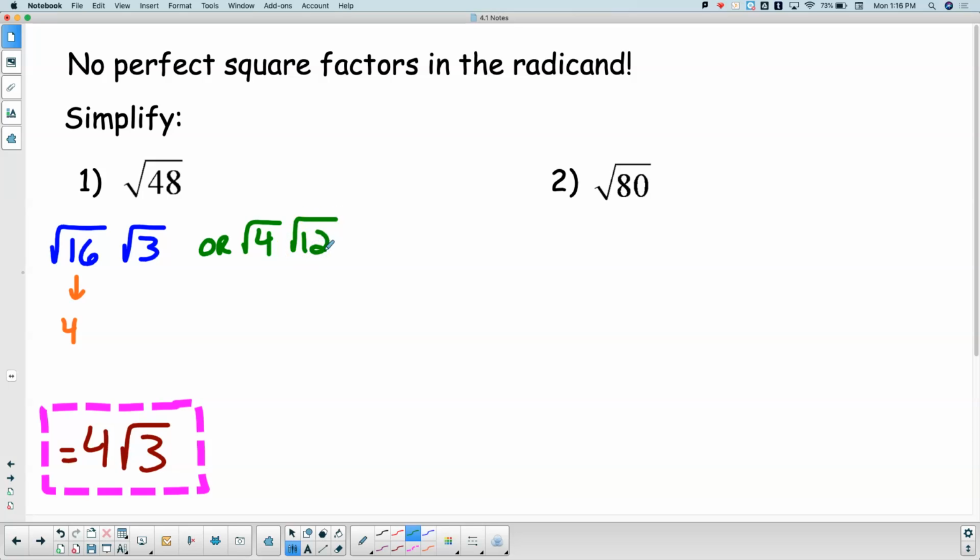But 12 is what times what? 4 times 3. So then this becomes the square root of 4 times the square root of 4 times the square root of 3. So then this becomes 2 times 2 times the square root of 3, which becomes 4 times the square root of 3. Okay?